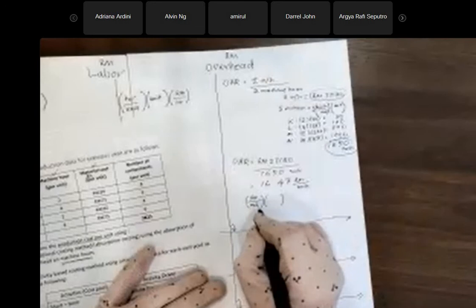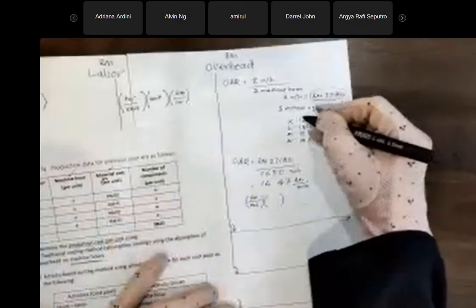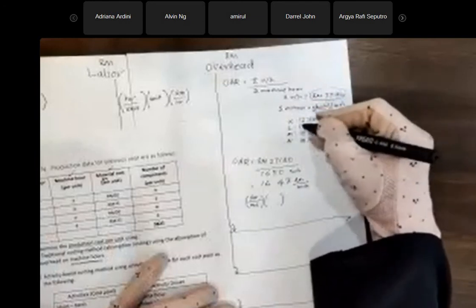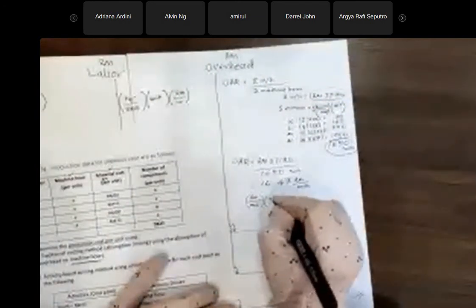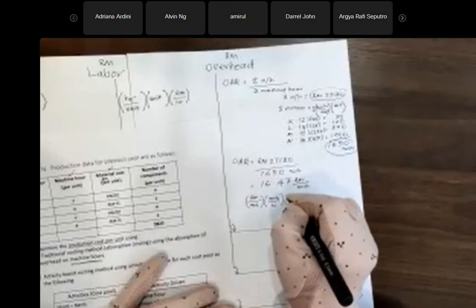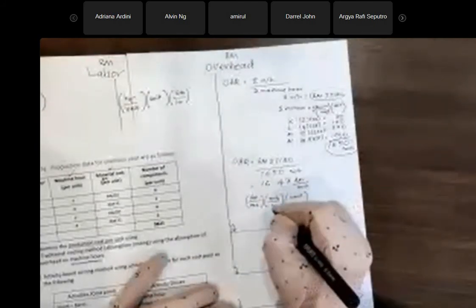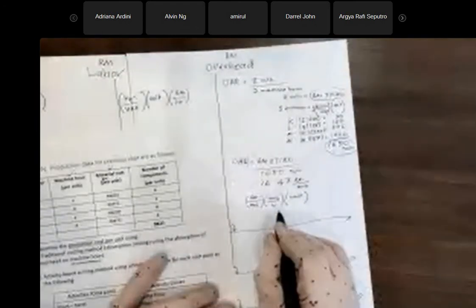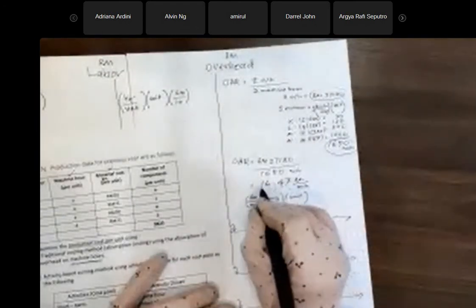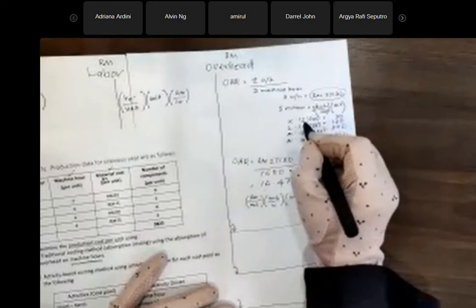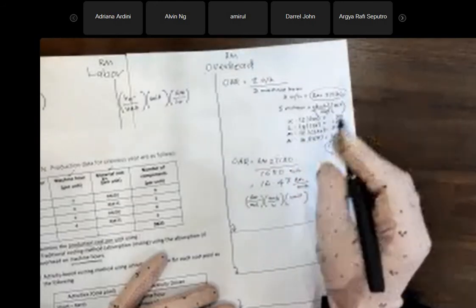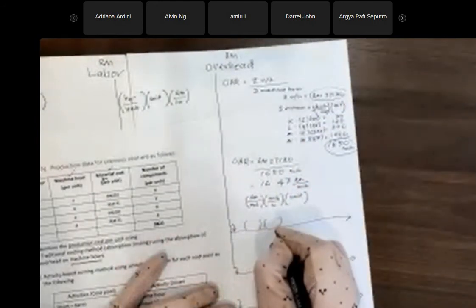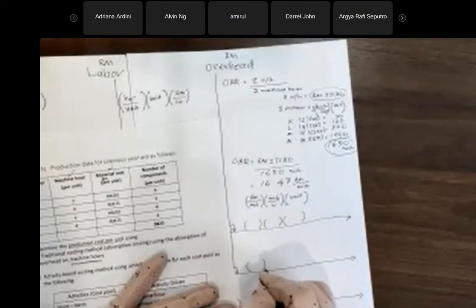Okay, you have to multiply by what? This is the machine hour rate. You have the machine hours per unit here. You take each product's machine hours per unit times units. There are 3 factors here to multiply.